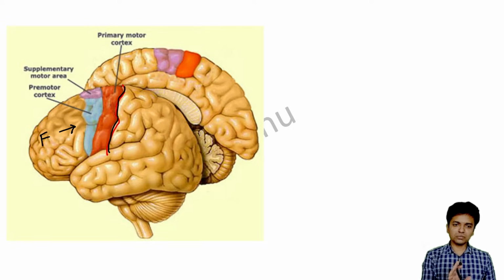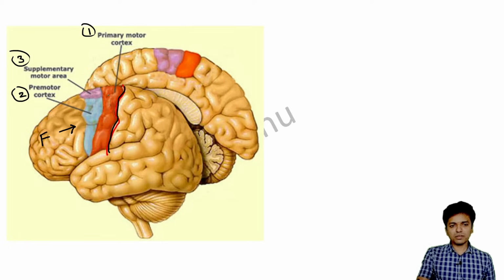Now this motor cortex is further subdivided into 3 areas. One is called the primary motor cortex. This is located immediately in front of the central sulcus. Second is called the premotor cortex, and the third one is called the supplementary motor area.